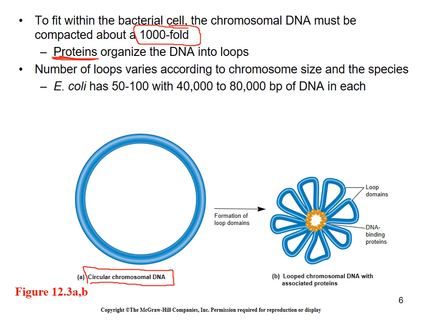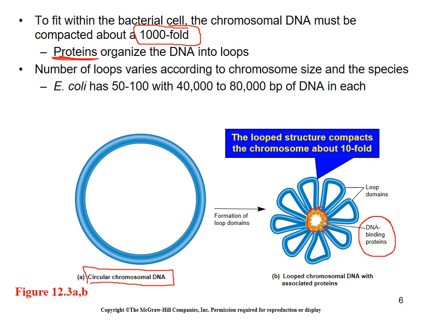In order to compress it, we're going to utilize these DNA binding proteins that will start looping the chromosome together by basically anchoring the bases to the loops that are in the center of the drawing. And as it creates these loop domains, we're able to compress it down. Most of the time, it's about a 10-fold compaction that you see.